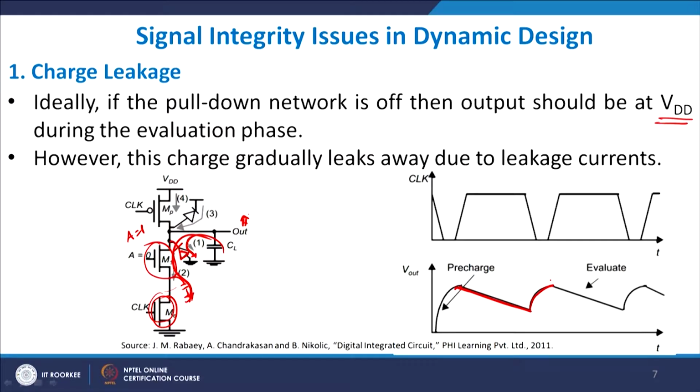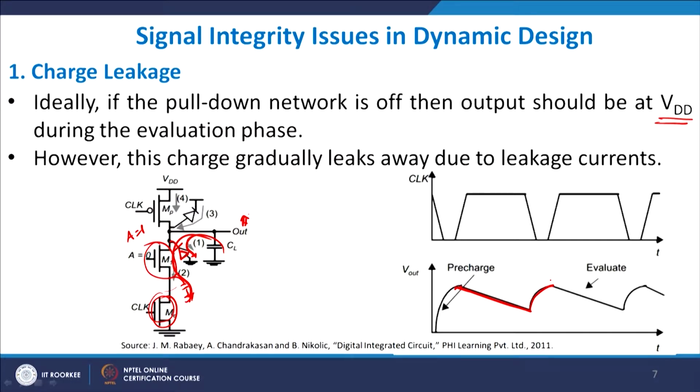So, whenever you have a dynamic design, you do have a problem that your pull down network, though ideally supposedly switched off, may have one of the gates connected to the output node switched on.